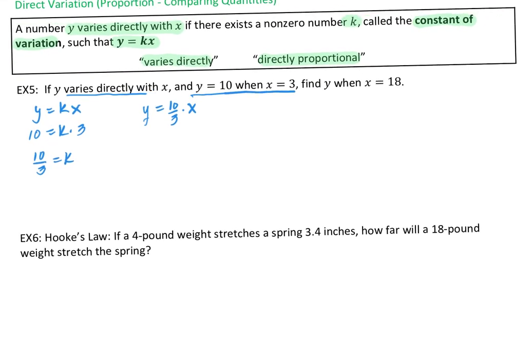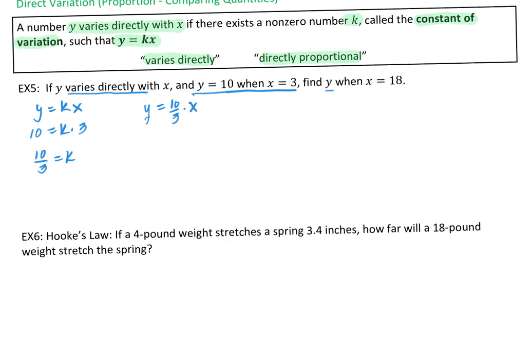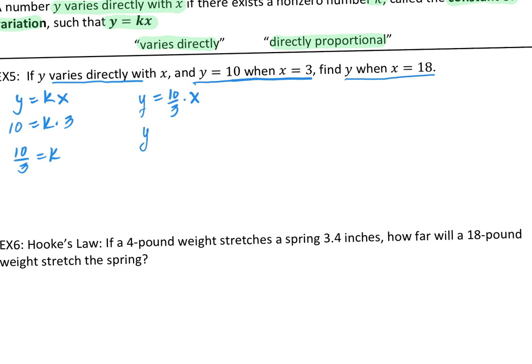Once I solve for that constant of variation, I can find y when x is equal to 18 by simply plugging in 18 for x to get y equal to 10 over 3 times 18. So y is going to be equal to 60. That's how you solve a direct variation problem in two parts, where you first solve for k, plug that into y equal to kx, and then you solve for your, in this case, y value.